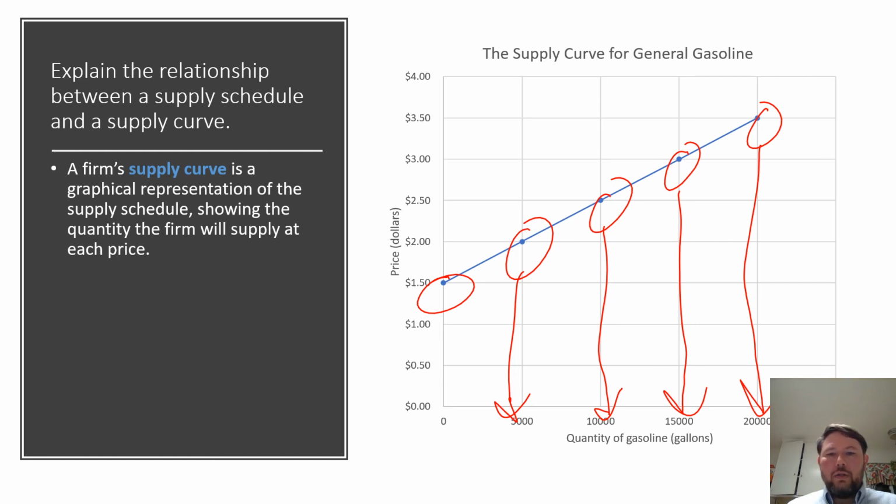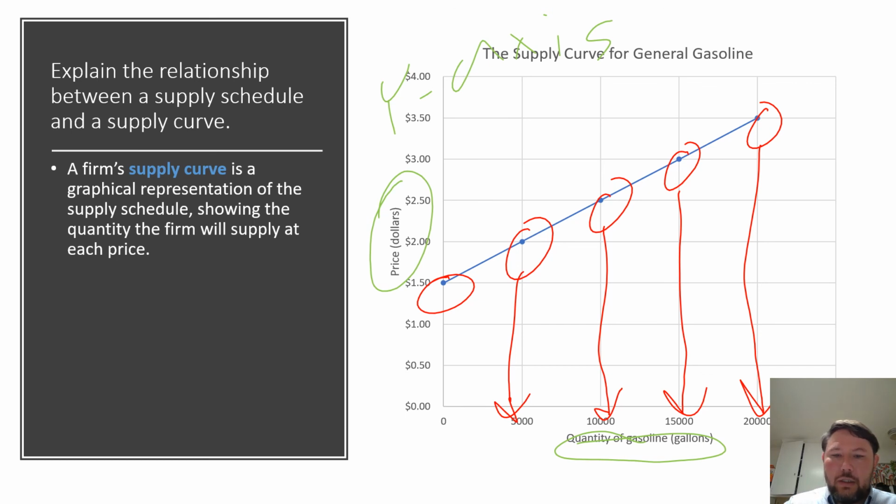All right, the other couple things to point out here on the supply curve is that just like with the demand curve, notice that we always have price on the y-axis, and we always have quantity of the product down here on the x-axis.